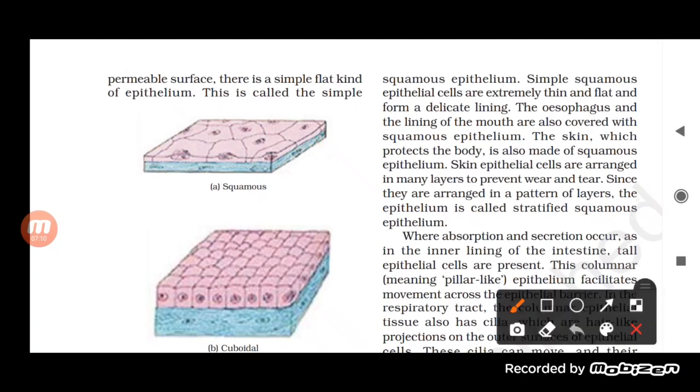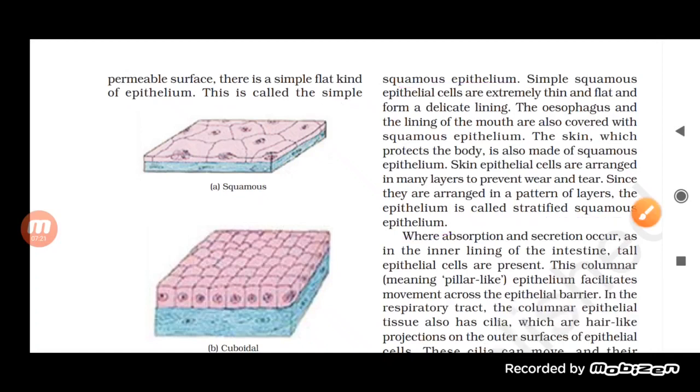So there are two different types of tissues. The first one is the simple squamous epithelial tissue, and the second one is the stratified squamous epithelial tissue. The difference is in the layers present. In the case of simple squamous epithelial tissue, it is made up of only one simple flat kind of epithelium.